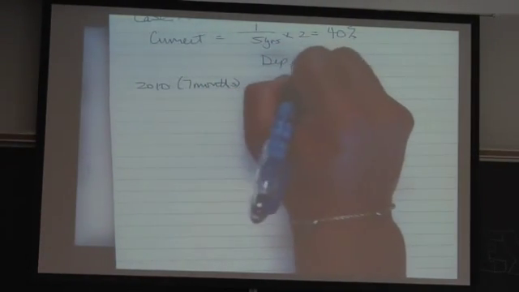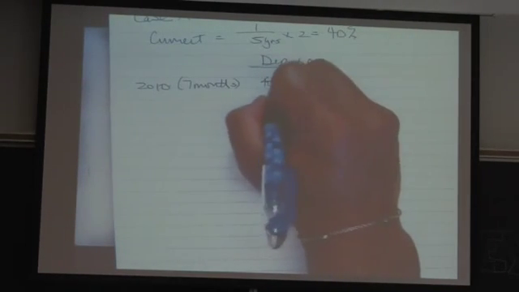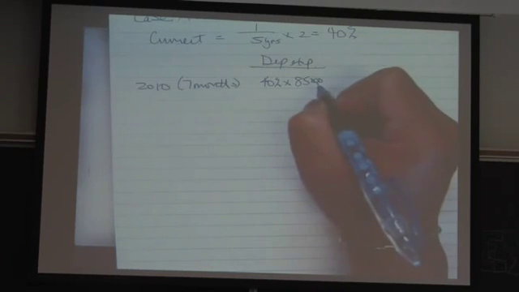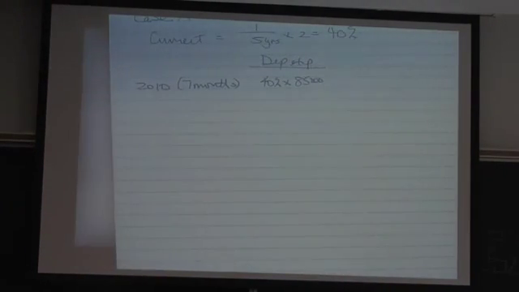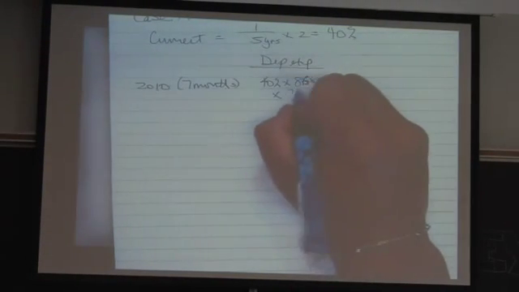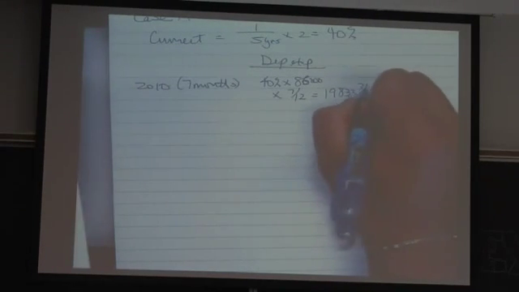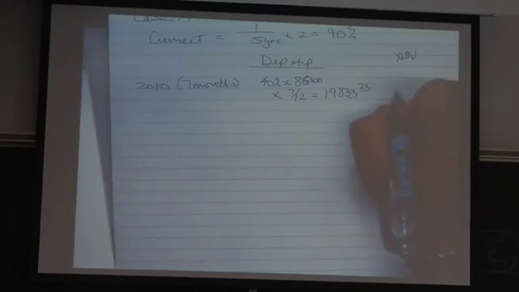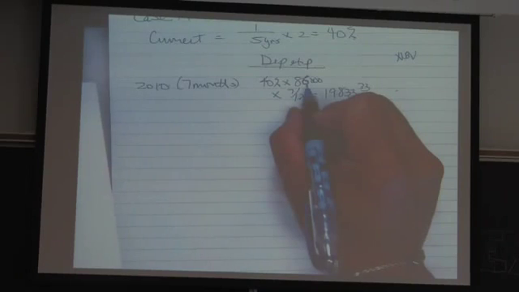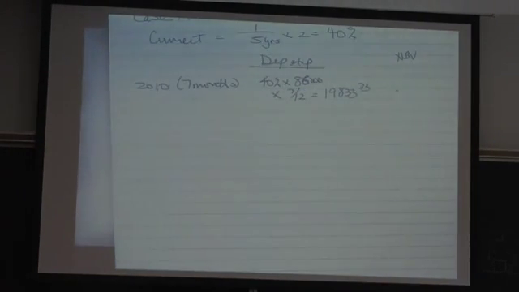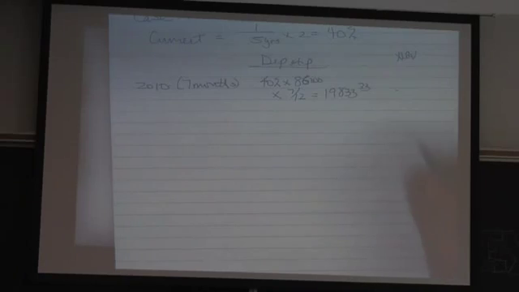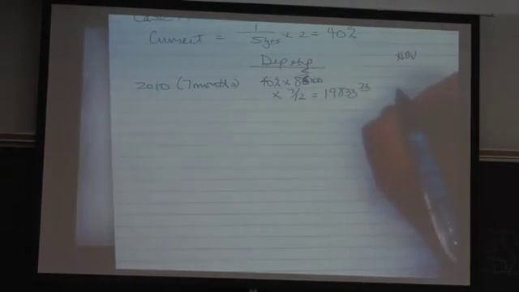So the depreciation expense is going to be 40% times 85,000, times 7 over 12, to give us 19,833.33. The net book value is 85,000 less 19,833, which gives us 65,166.67.